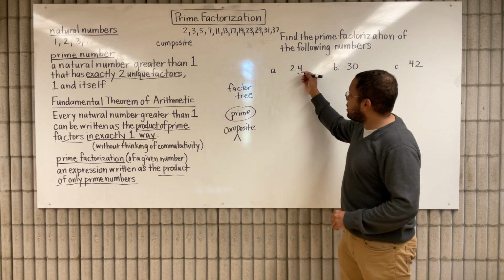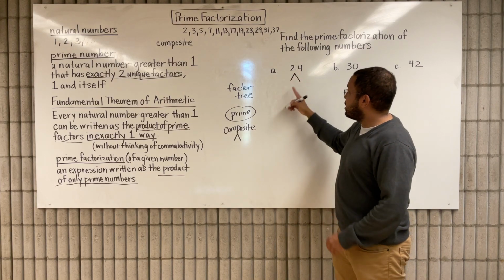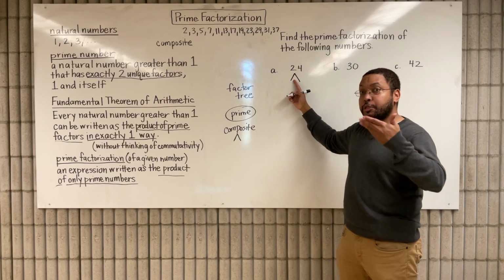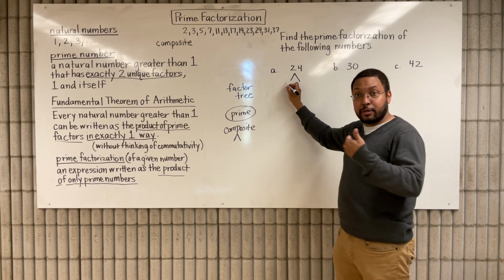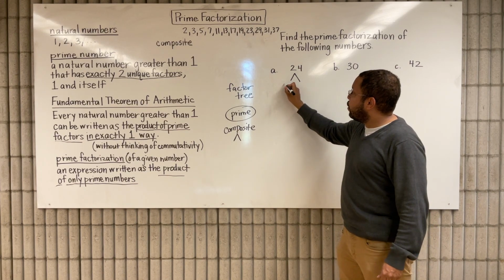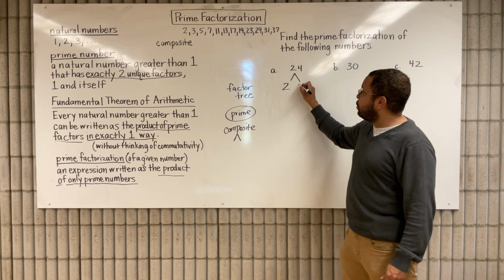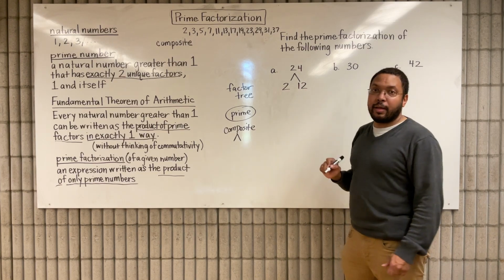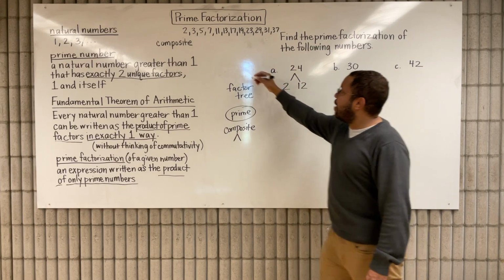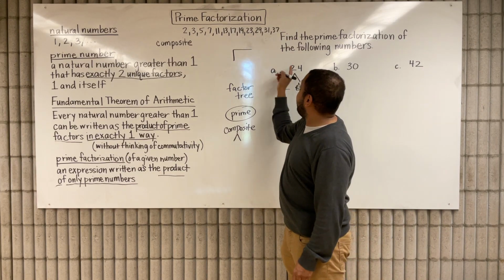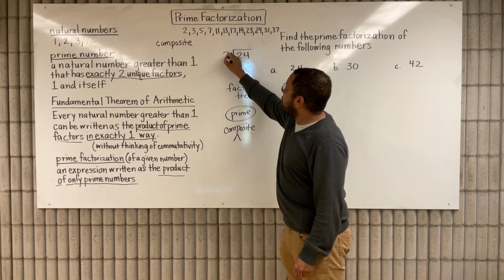So we're going to break this number up. It's composite because it has more than 2 unique factors. What numbers can multiply each other to make 24? We could take 2 times 12. And if you know that 2 is a factor, but you don't know what 12 is, off to the side over here, you can divide 24 by 2.